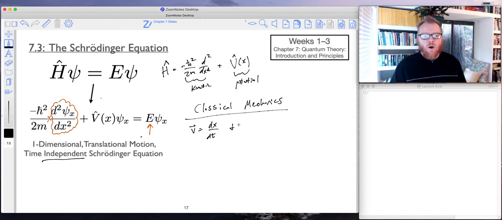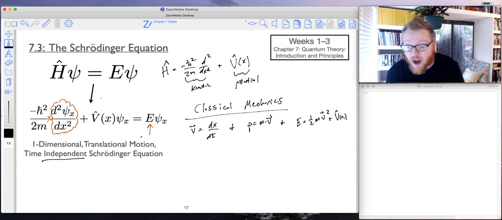We also know that momentum is mass times the velocity. We know that total energy is going to be 1/2 mv squared, as well as some arbitrarily defined potential energy operator.